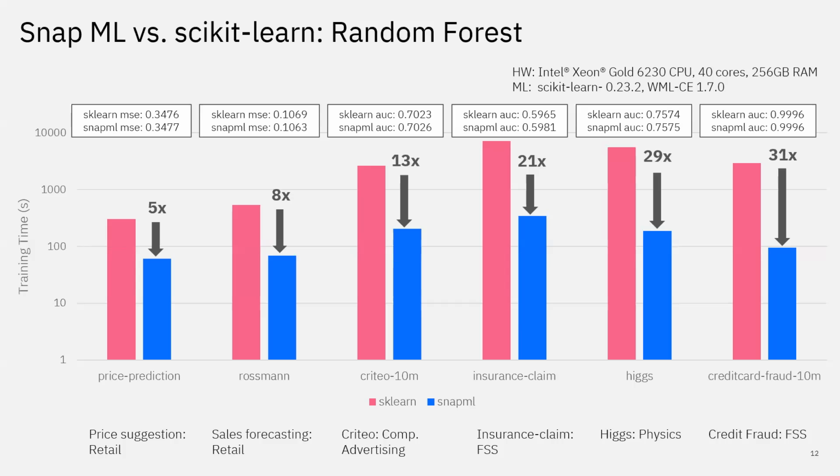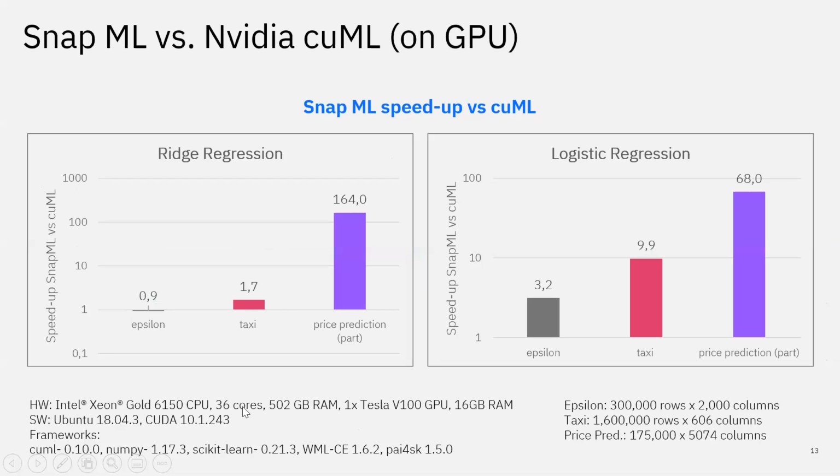We have a minimum speedup of 5x up to a maximum speedup of 31x. And again, for the classification problems, we see that the AUC is higher. And for the regression problems, the MSE is almost exactly the same in one case, and slightly better using SnapML in the other. Okay, next chart, please.